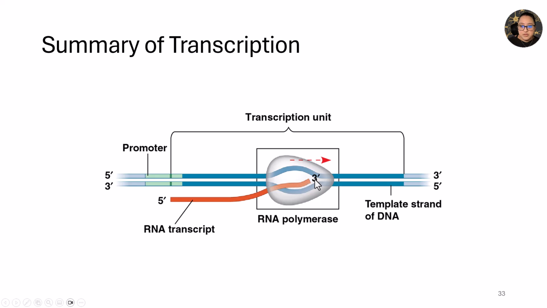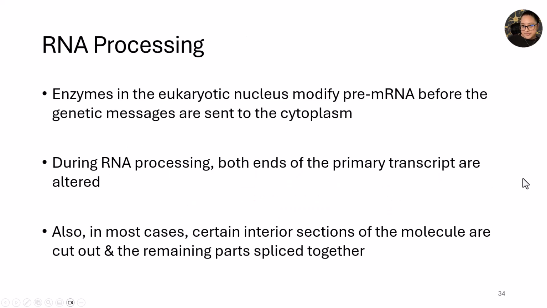And then that one recipe that gets transcribed is the transcription unit. And say the gene ends around here, then this much might be the polyadenylation sequence. So that's the end of transcription, but that's the first draft mRNA, so the pre-mRNA.